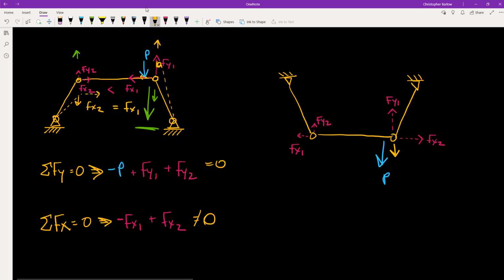If this joint moves down, this right piece becomes more vertical, our horizontal thrust decreases. On the other side, this joint moves up, and our horizontal component increases.